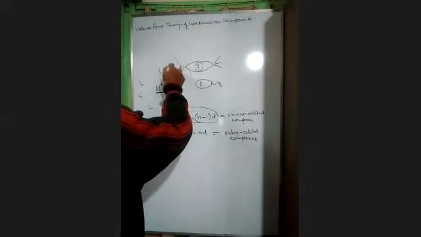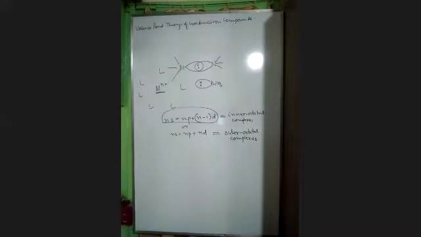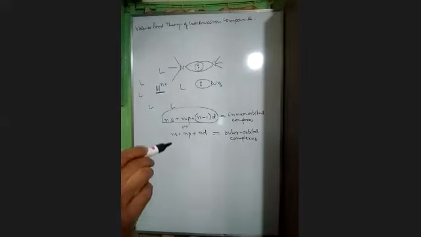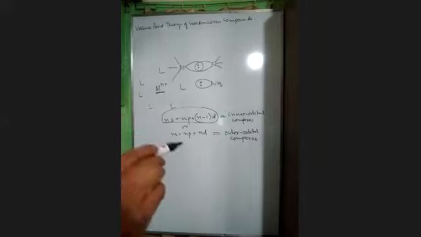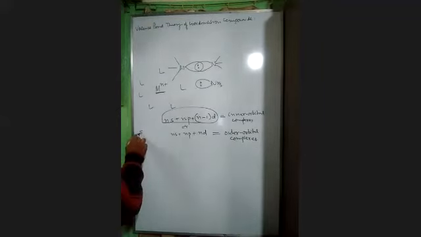Depending upon the number of ligands, if 4 ligands are bonded, then we can have 4 hybridized orbitals made available by sp3 hybridization. That is, a tetrahedral arrangement will be there. Or we can have square planar complexes, where it will be dsp2 orbitals.